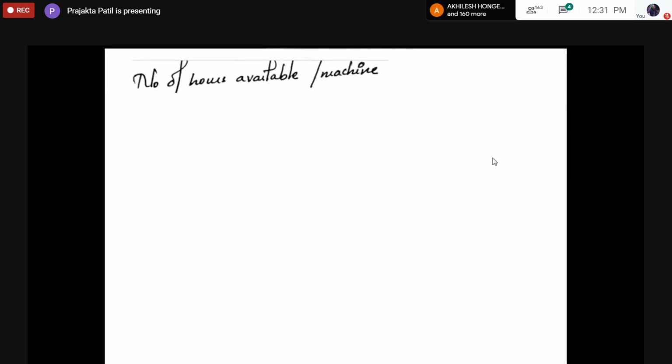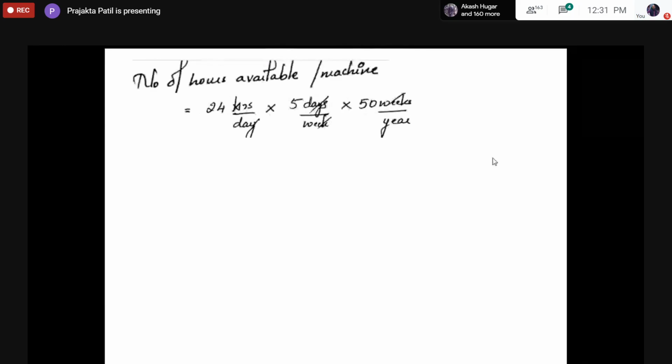The number of hours available per machine is how much? We have this data given. The machine operates for 24 hours per day, 5 days a week, and 50 weeks per year.